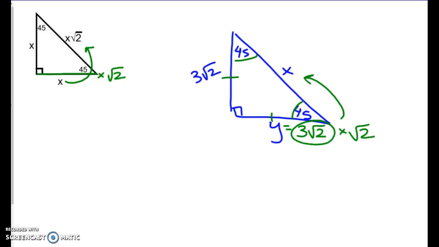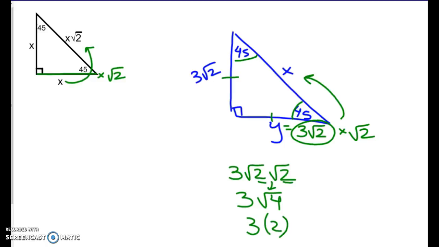We have 3 times the square root of 2 times the square root of 2, which reduces to 3 times the square root of 4, because 2 times 2 is 4. 3 times 2, we end up with a value of 6 for our hypotenuse. So x ends up being 6.